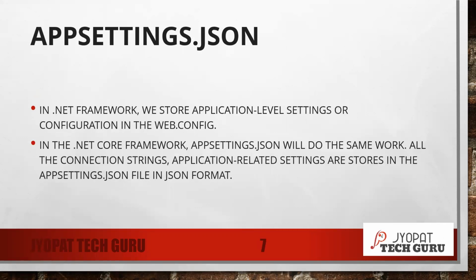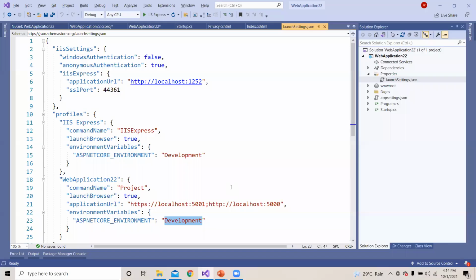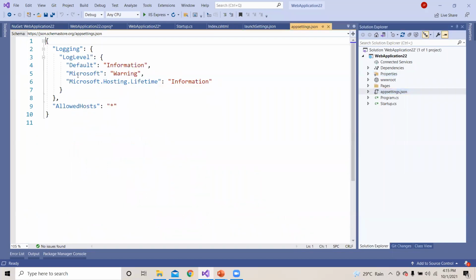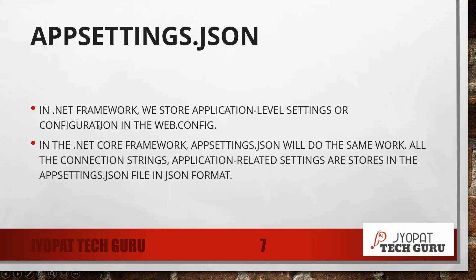Next comes the appsettings.json file. This contains your logging information. We have already seen that it contains the log level, Default, and Microsoft.Hosting.Lifetime. In .NET Framework, we store application-level settings or configuration in the web.config. In the .NET Core framework, appsettings.json does the same work.